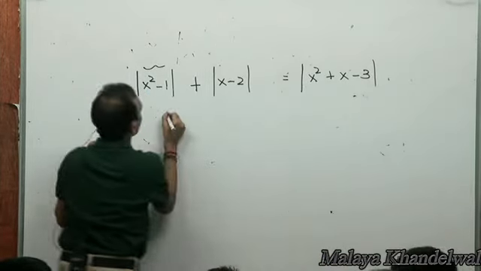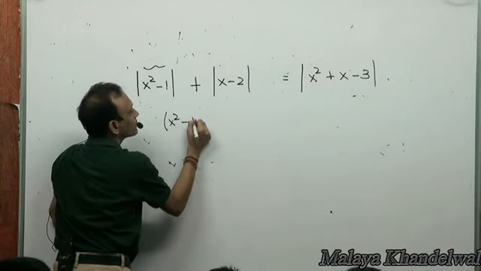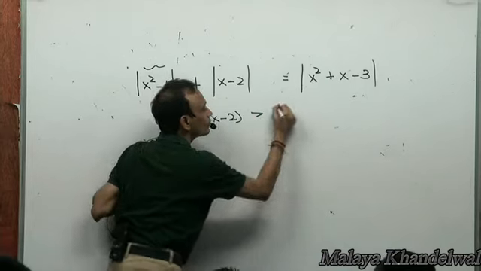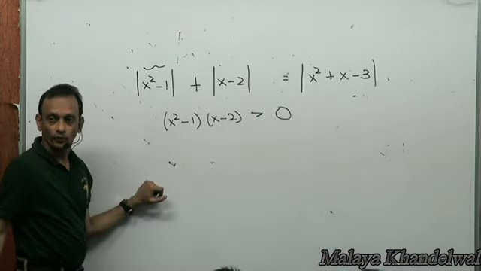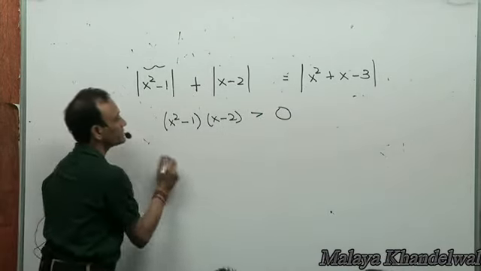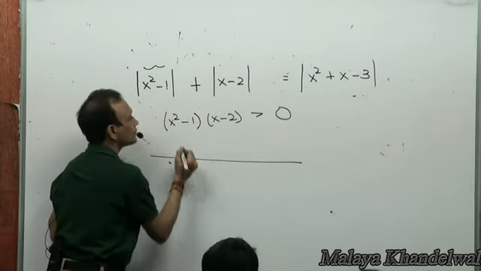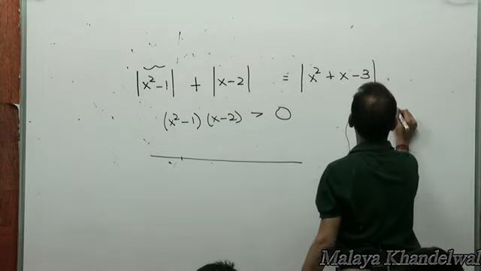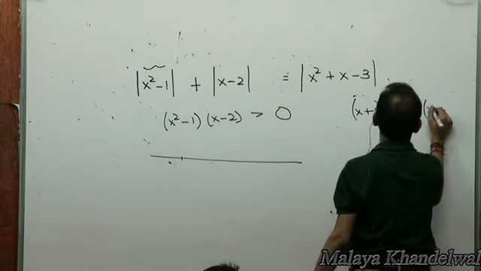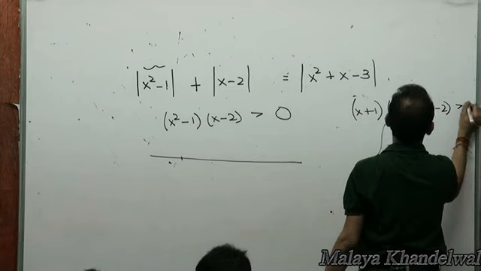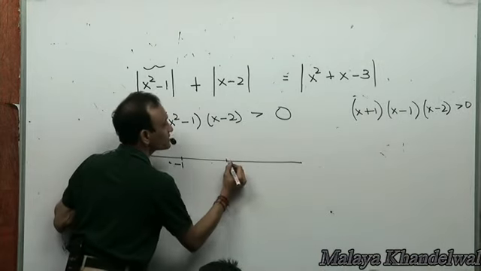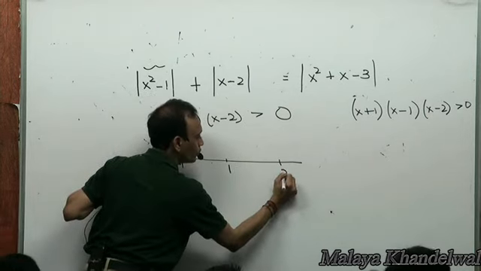That can happen if x squared minus 1 into x minus 2 is greater than 0, which means this can be written as x plus 1 into x minus 1 into x minus 2 is greater than 0, right? Now wavy curve method, minus 1, 1 and 2.